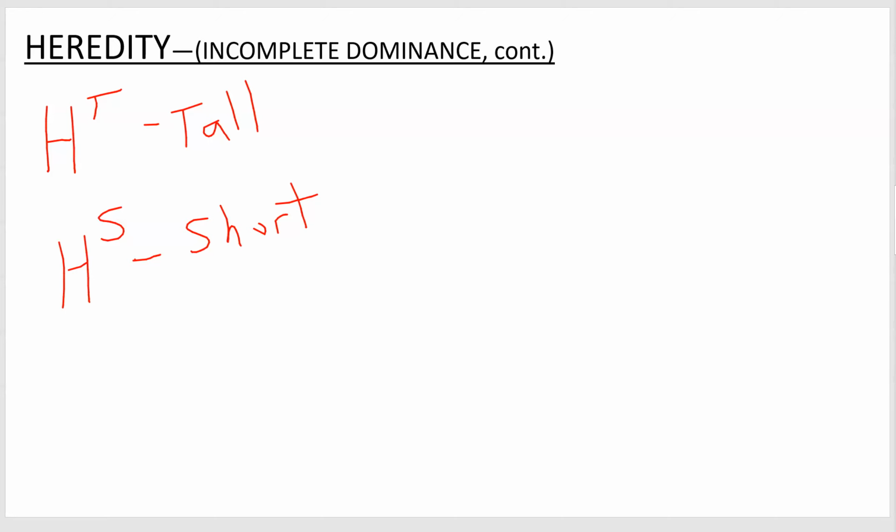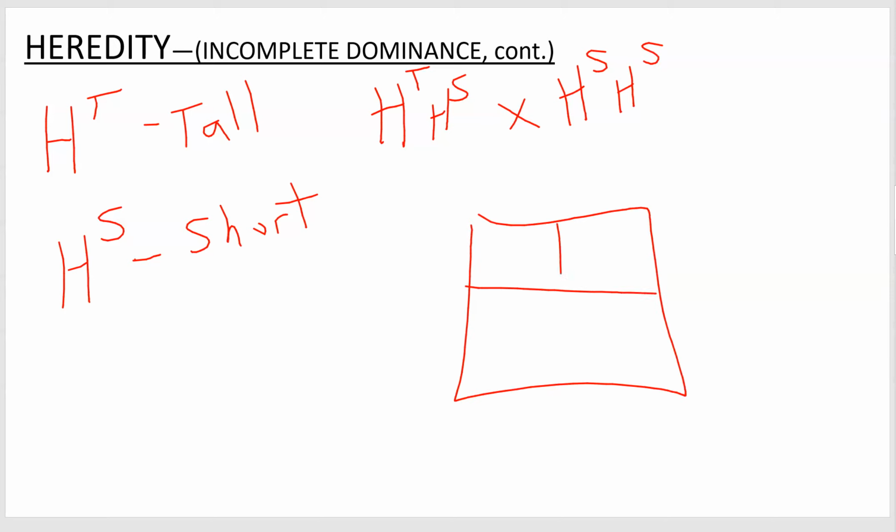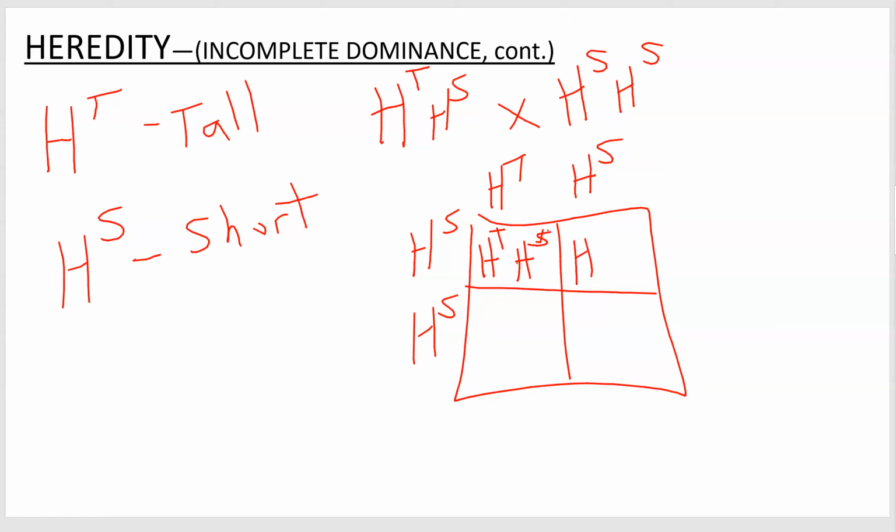So the heterozygous giant would be HTHS, which mates with HSHS. Roll it out here in the Punnett square. HT, HS, HSHS. I'm not going to be able to write them well.